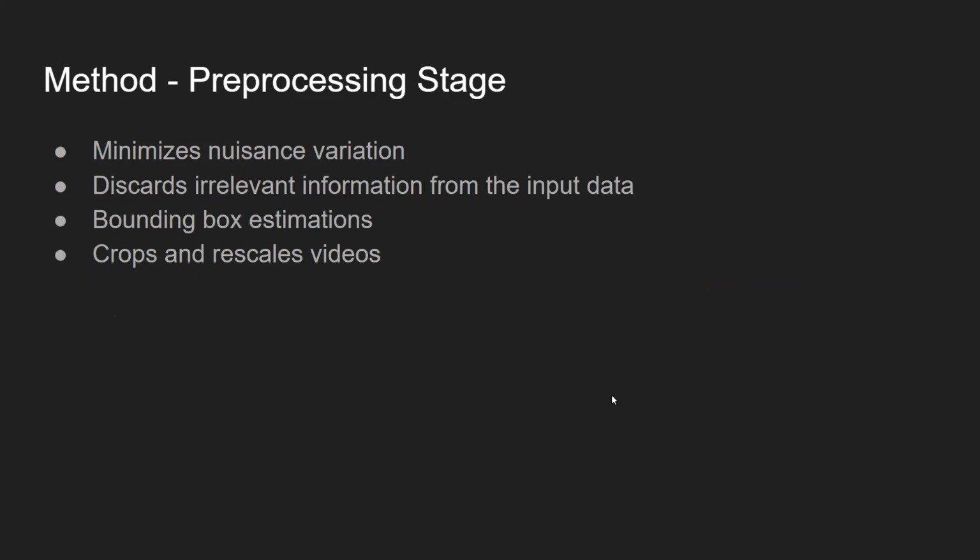So next, I'm going to go over the method that the researchers have used. First, I'm going to go over the pre-processing stage, and this stage minimizes nuisance variation and discards irrelevant information in the input data. This stage also estimates a bounding box around the subject's face and uses an additional 50% added as a scaled buffer to the box before extracting a 192 by 128 frame.